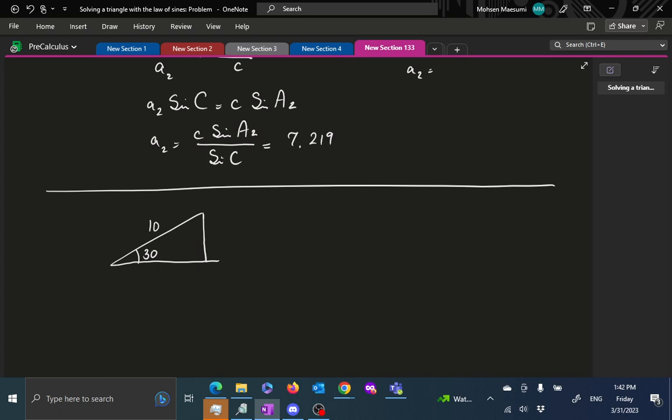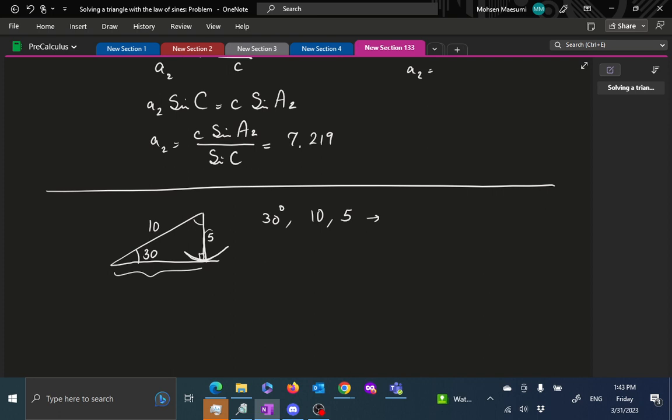If it so happens that the other side is 5, it just barely touches this thing at one spot, and then you just have one solution.